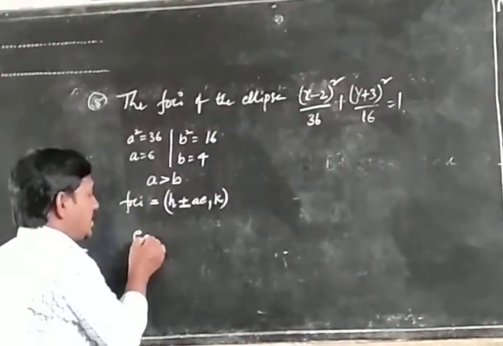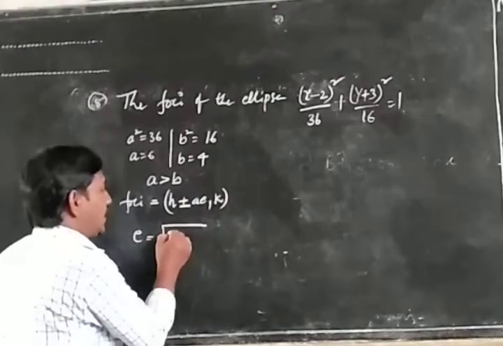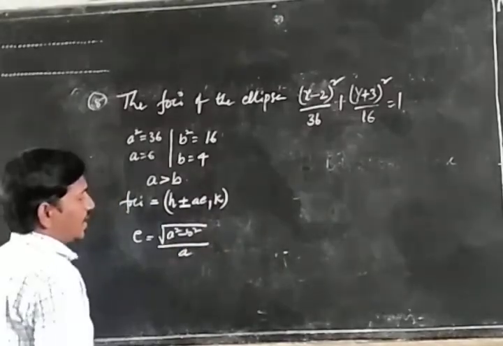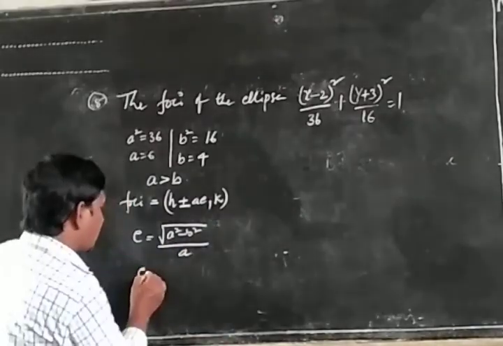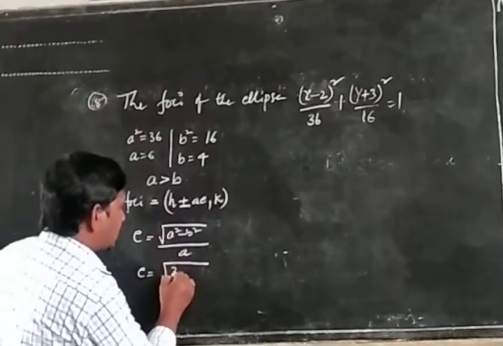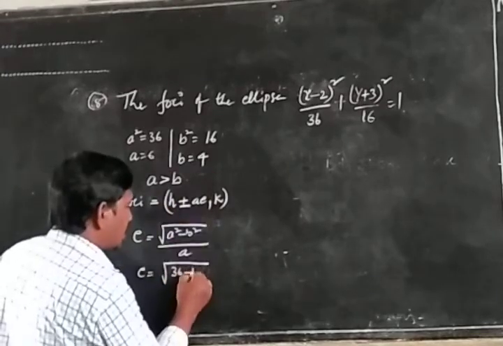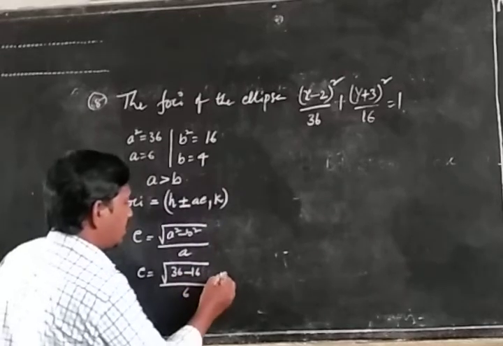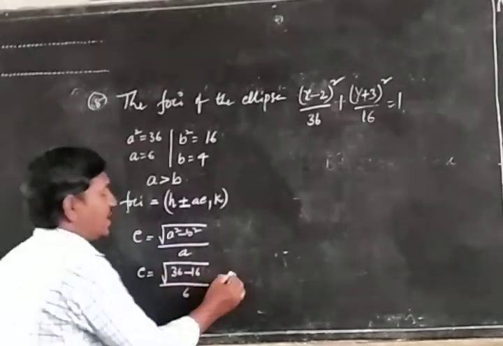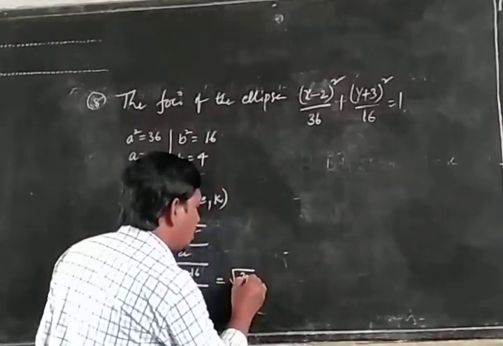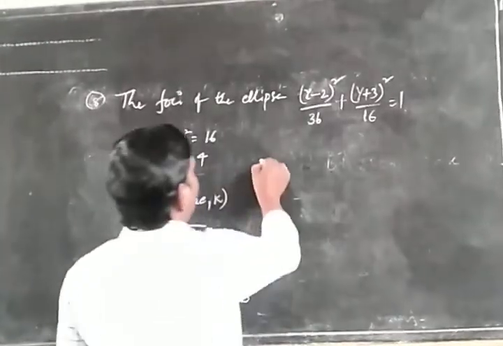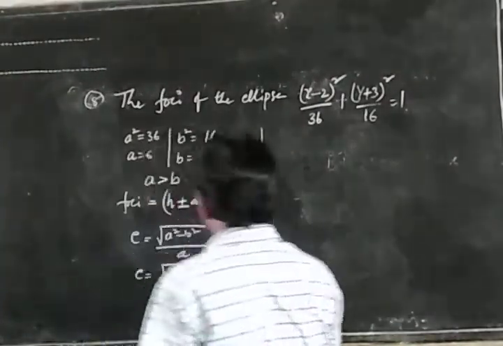We know that e equal to root of a square minus b square by a, so e equal to root of 36 minus 16 by 6, which is root 20 by 6. Okay, we got the e value.